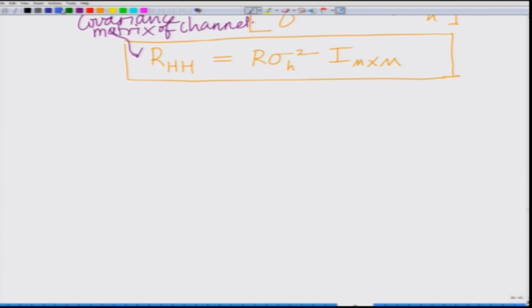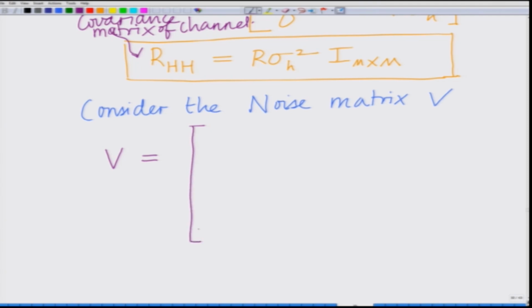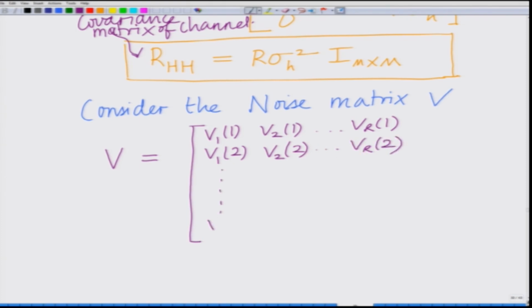Consider the noise matrix V. Again V is an n cross R matrix, I hope you remember from the previous module, that is V11, V21 so on up to VR1, V12, V22 up to VR2 so on up to V1N, that is noise sample on antenna 1 at time n, V2N so on up to VRN.